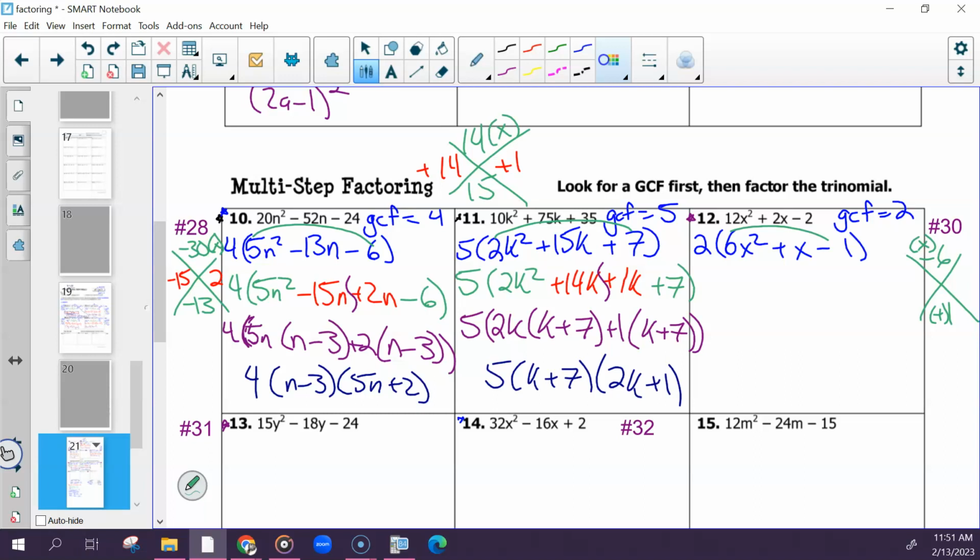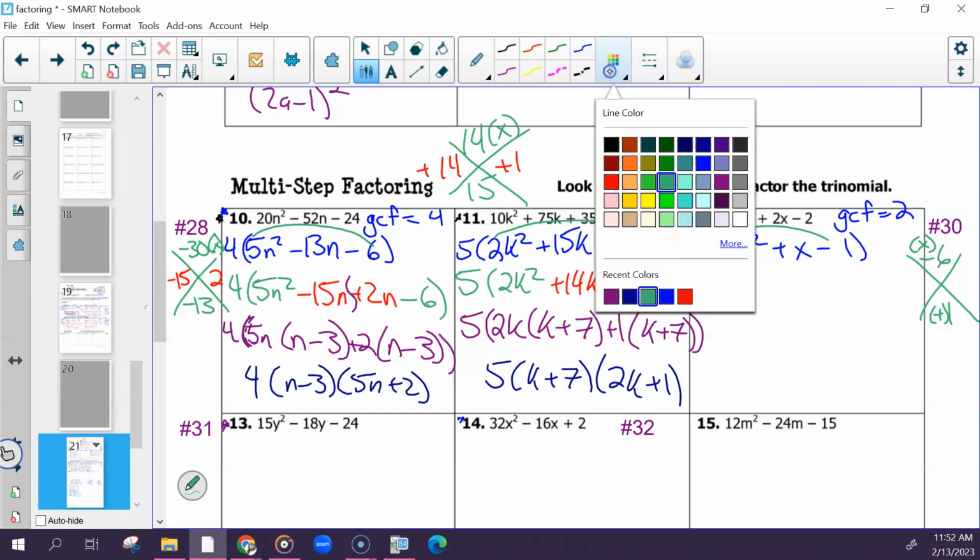Numbers that multiply to be negative 6, but add to be 1. Negative 2 and positive 3, that would work.